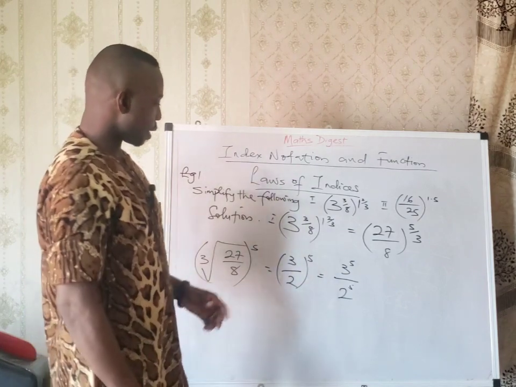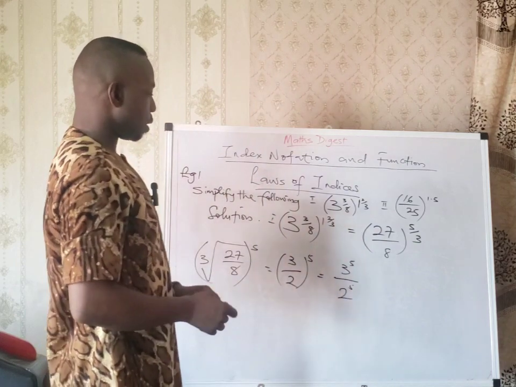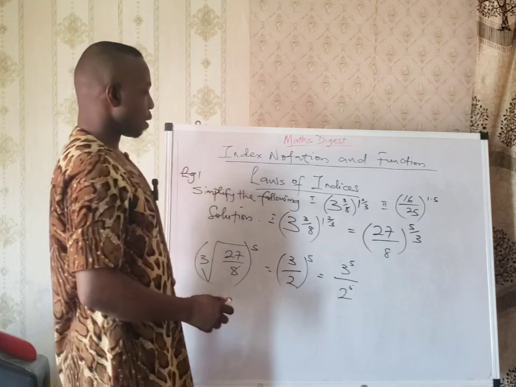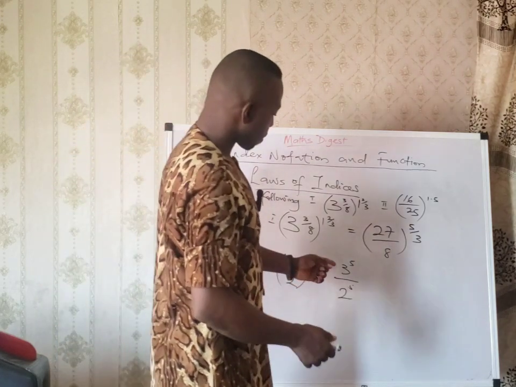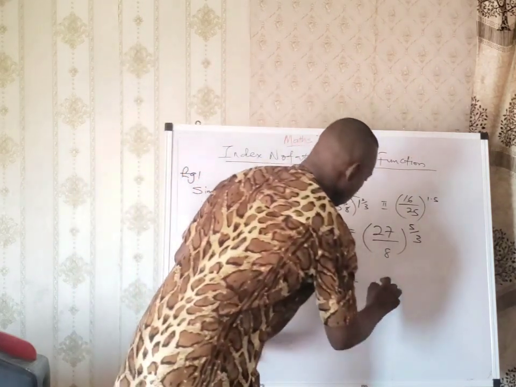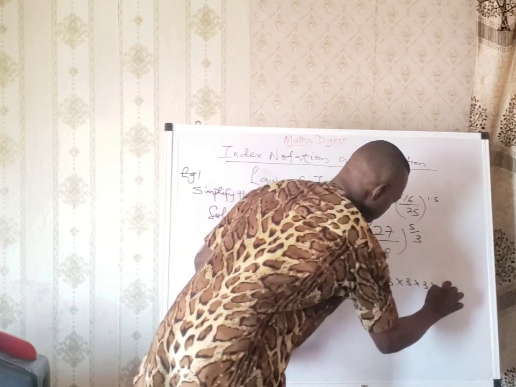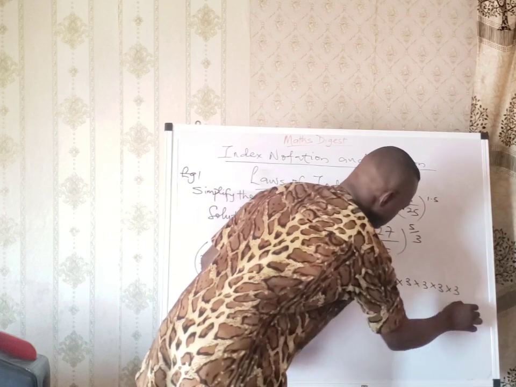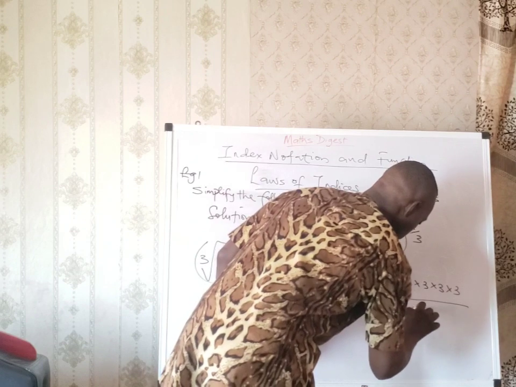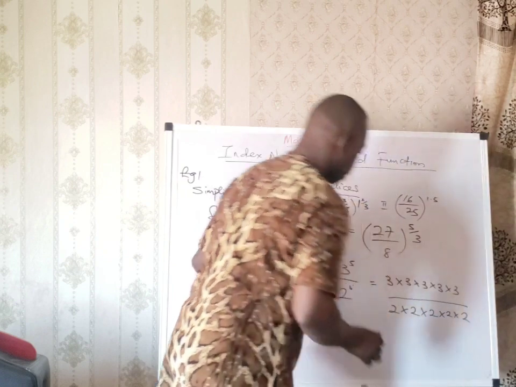So here we now have this. From here you can simply say 3 raised to power 5, that is equal to 3 times 3 times 3 times 3 times 3 all over 2 times 2 times 2 times 2 times 2.